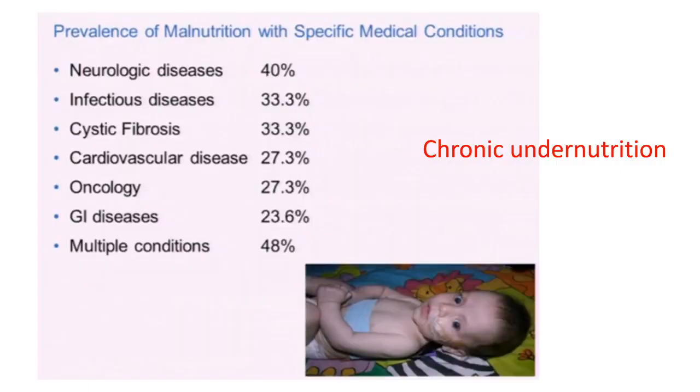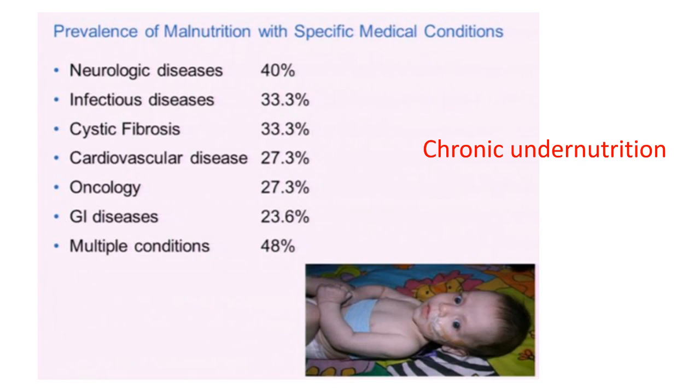We discussed and we saw the map with the rate of malnutrition in different countries, and you can see that in developed countries it is quite low, but all countries have patients with malnutrition, and of course chronic undernutrition, usually due to chronic disease. In first place in this rating are multiple conditions, combined diseases, and next neurologic diseases.